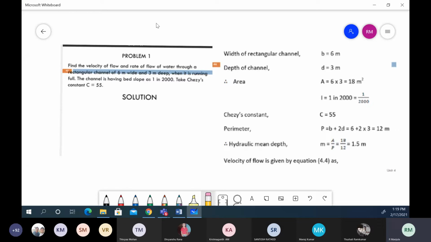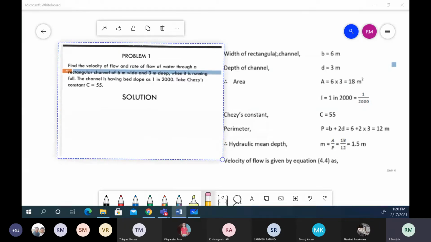Now you can see the problem. Find the velocity and rate of flow through a rectangular channel section of 6 meter width and 3 meter depth when it is running full. The channel has a bed slope of 1 in 2000. Take Chezy's constant as given. So you have been asked to find the velocity using Chezy's formula.